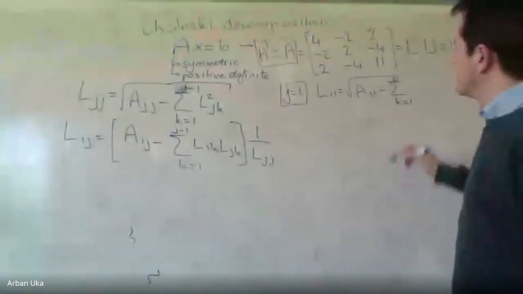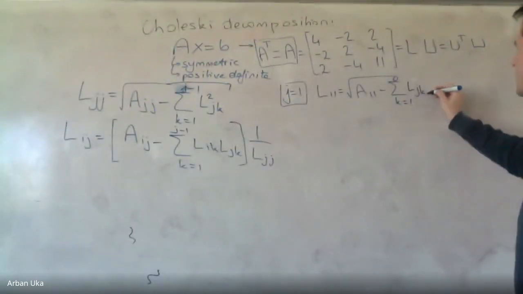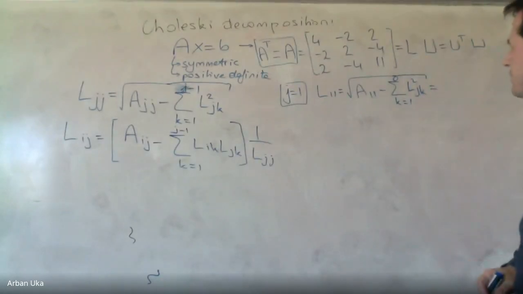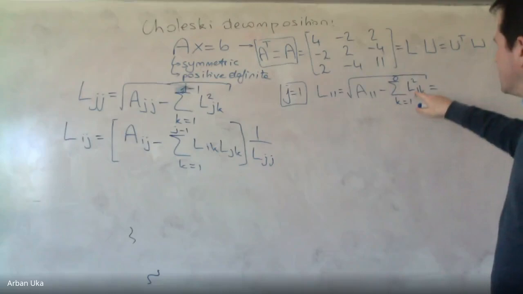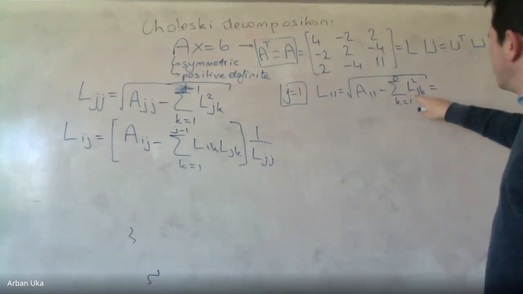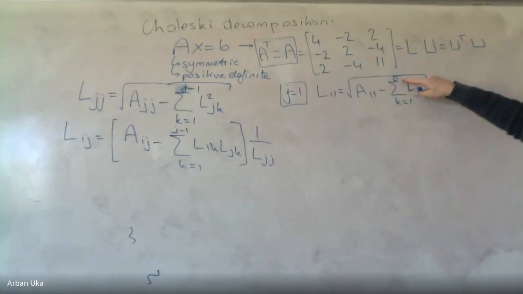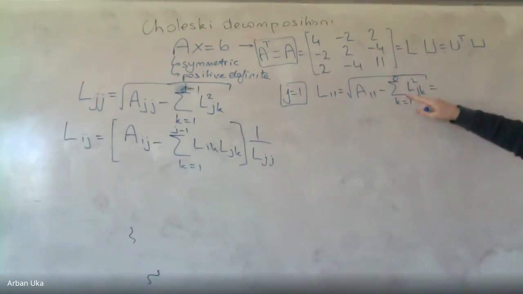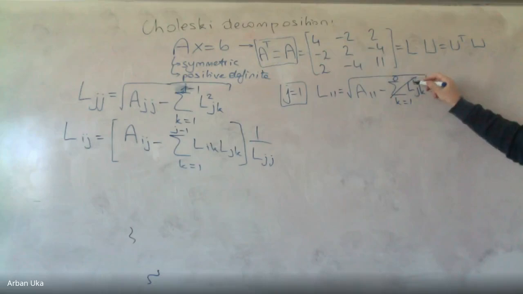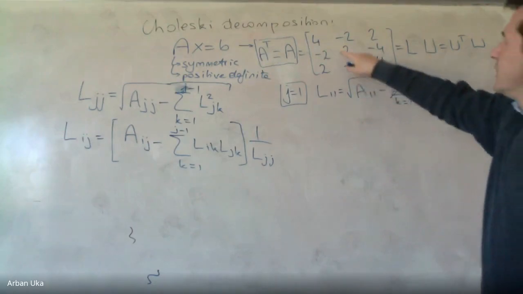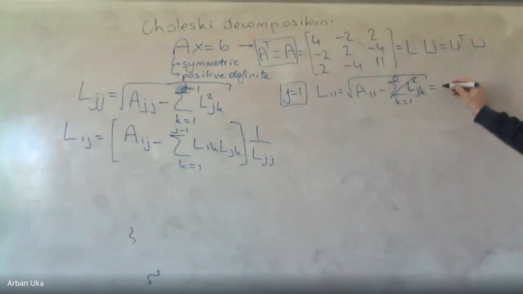Since the summation of the terms is from K equals 1 to 0, this does not make sense, so we don't really have this term. So L11 is equal to the square root of A11. We get this from A: the square root of 4, which is 2. So we found the first element.